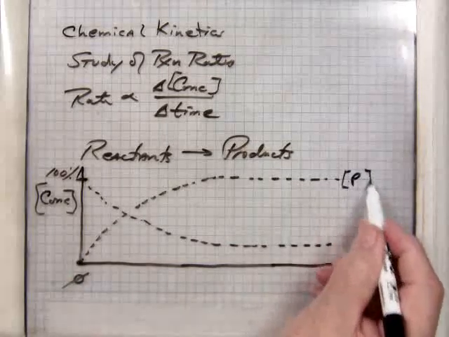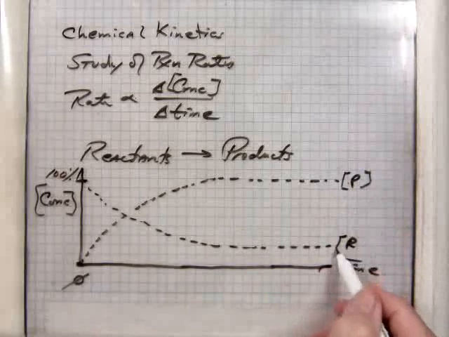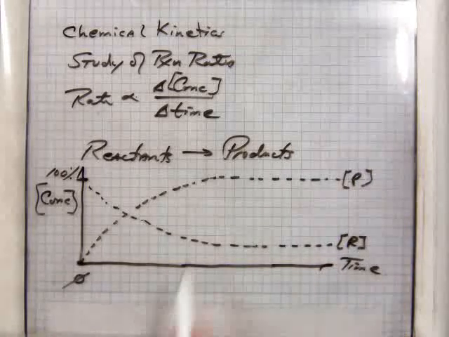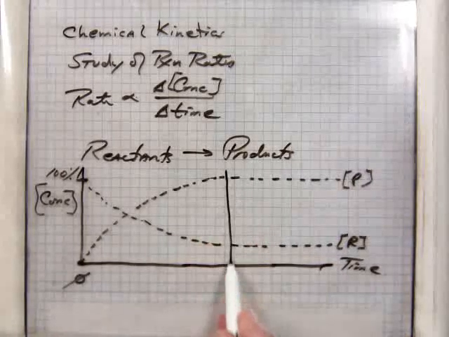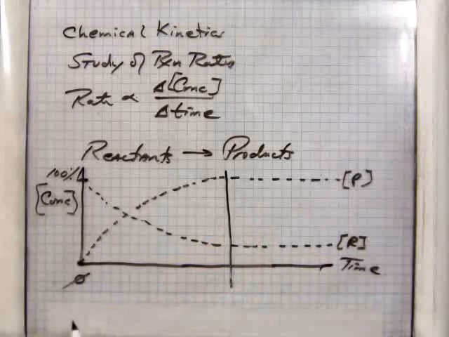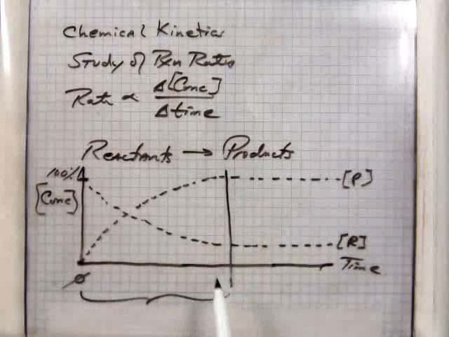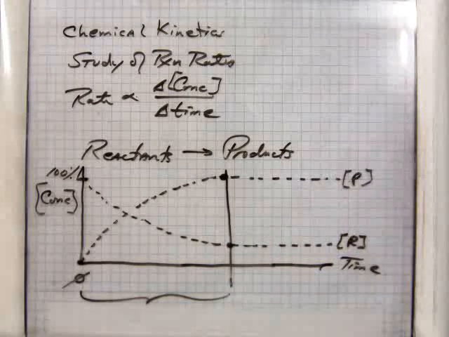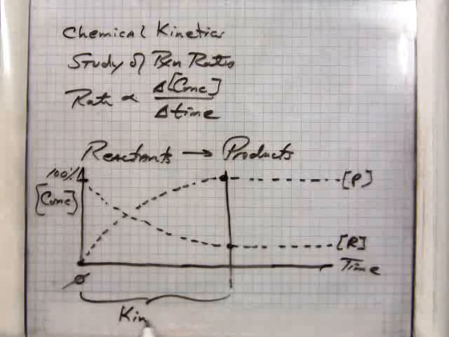And you could measure product concentrations, reactant concentrations using certain instrumental or analytical methods. We can separate this into 2 regions. The region from 0 to where the slope of the concentration time curve reaches 0 is referred to as the kinetic region.